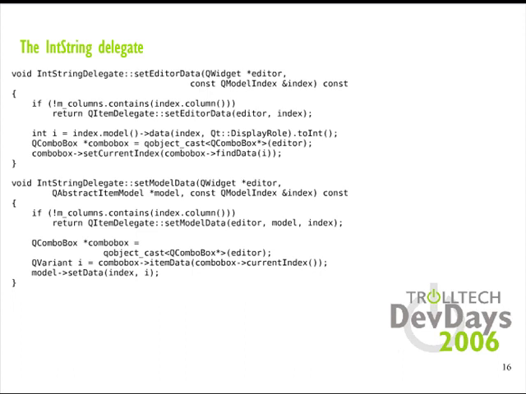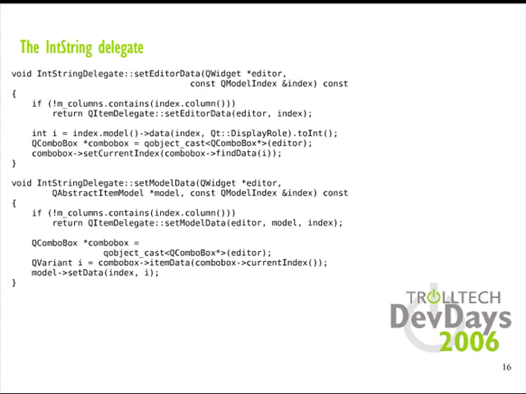Once you've done it twice, you can do as many as you like. You're not going to find it hard because they all follow this same pattern. They're the same methods that you re-implement. And quite often, you don't even have to bother re-implementing paint, for example, because by default, if it's just text, Qt will display that correctly anyway. So it's usually the editor that you're more concerned with.